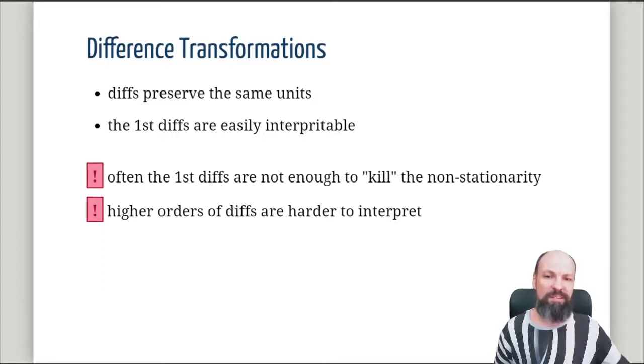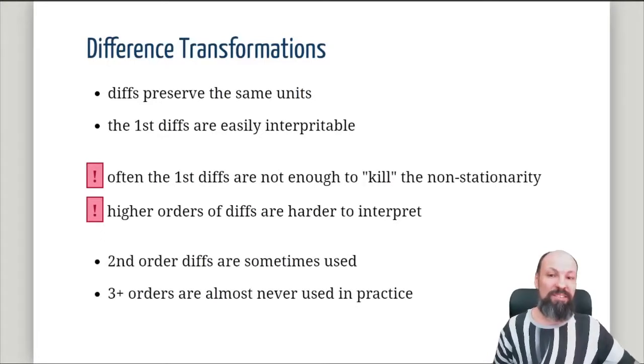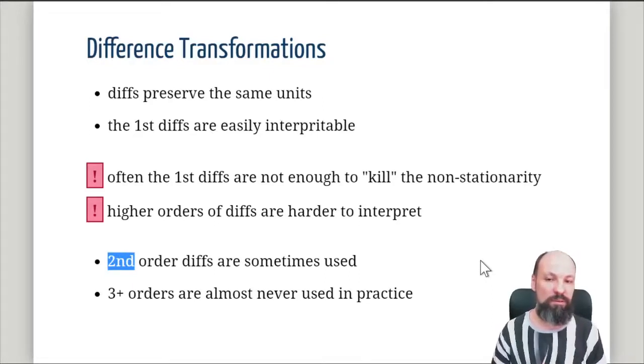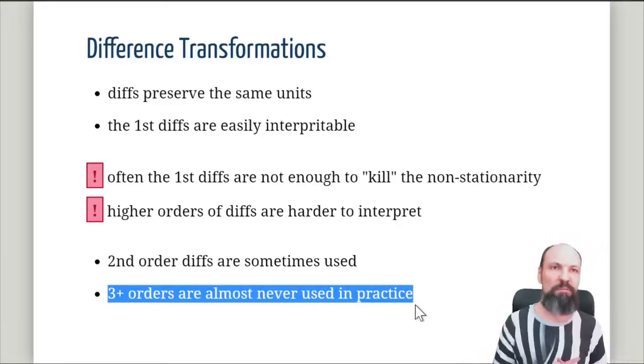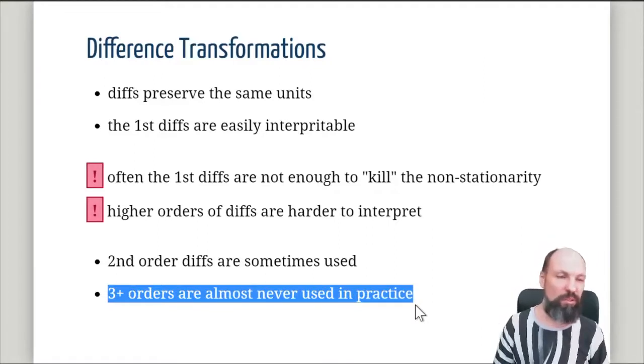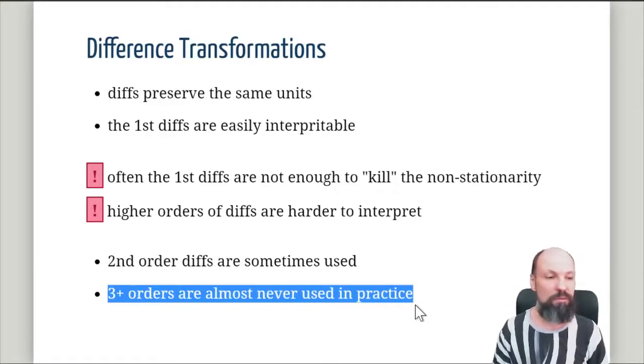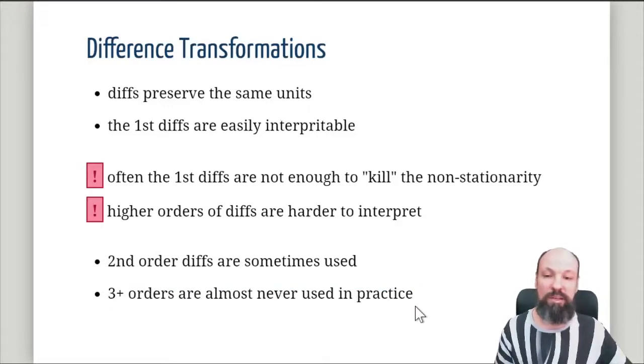In practice, actually, sometimes you can see second order differences used in practical modeling. And higher orders, well, almost never. Well, like never. I've not seen it for years already in practice. In theoretical models, yeah, easily, no problem. But in applied analysis, no.